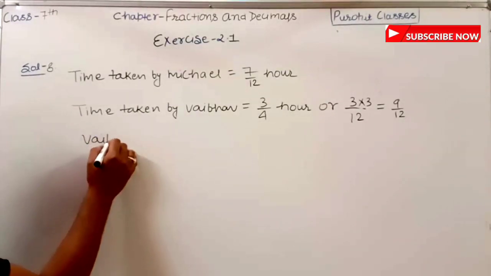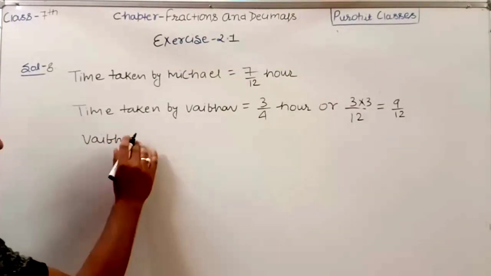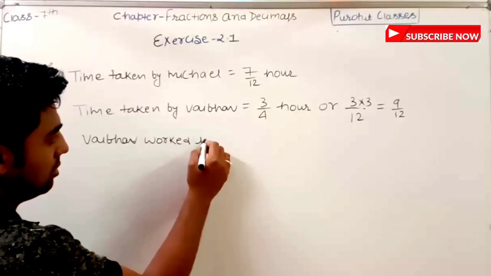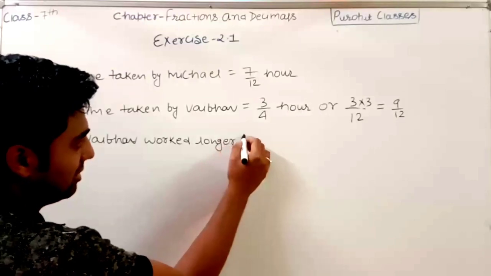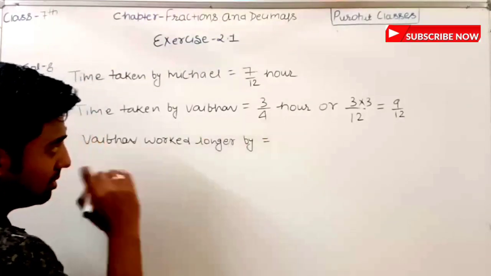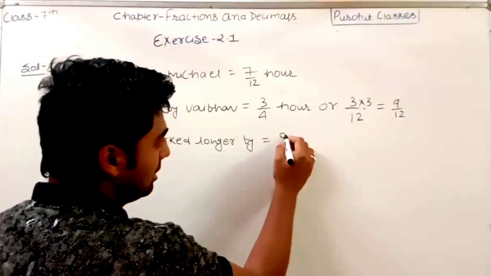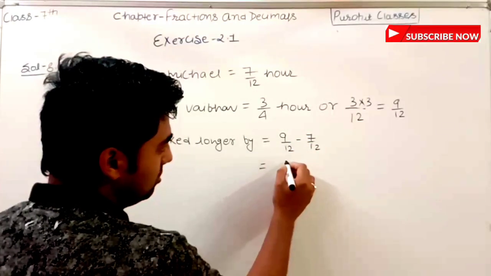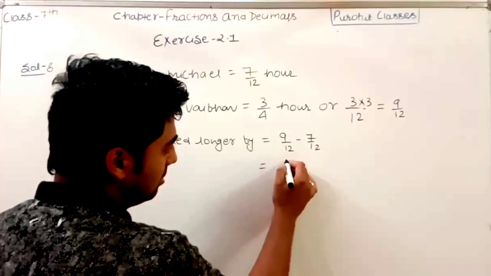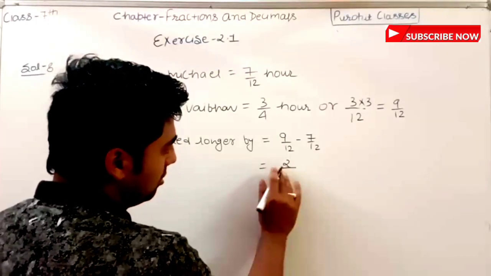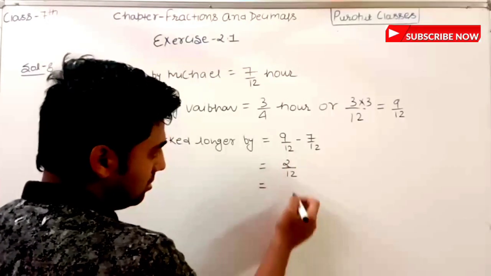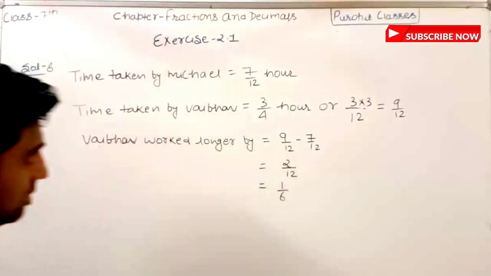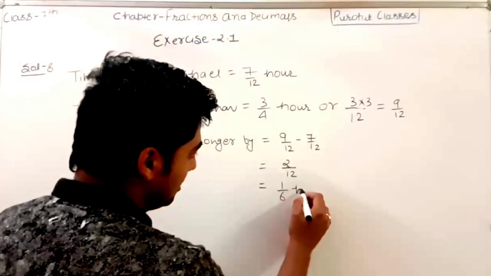Vaibhav worked longer, and the difference is given by 9 by 12 minus 7 by 12, that is equal to 2 by 12, or in the lowest form it will be 1 by 6.